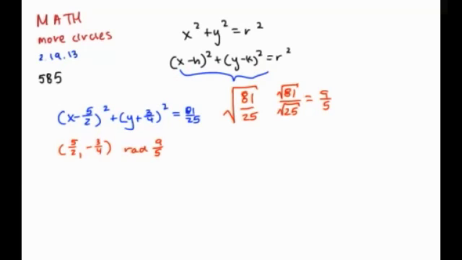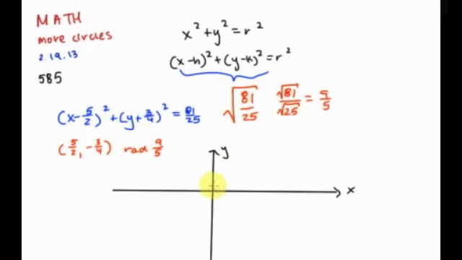So we have this. Let's try and graph it. Y, X, 1, 2, 3, that's 5 over 2, negative 3 over 4, let's say it's around there. Radius almost 2.